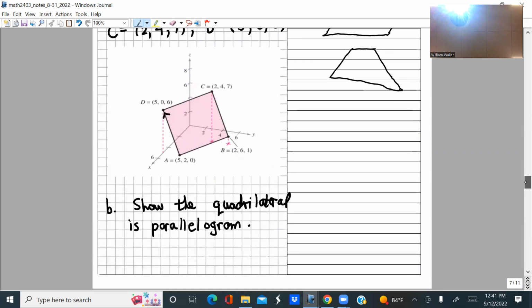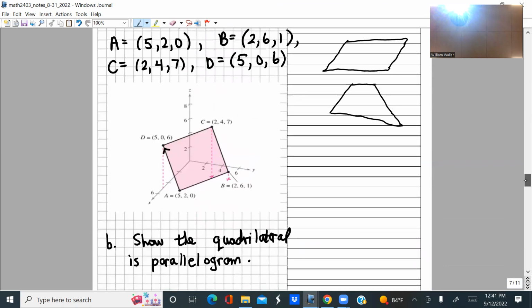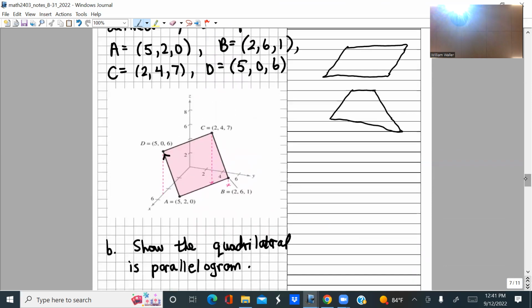Let's see what we're asked here. Oh, so we want to show that this quadrilateral is indeed a parallelogram, which means opposite sides are parallel. You can check that easily without doing a bunch of slope calculations, using vectors.